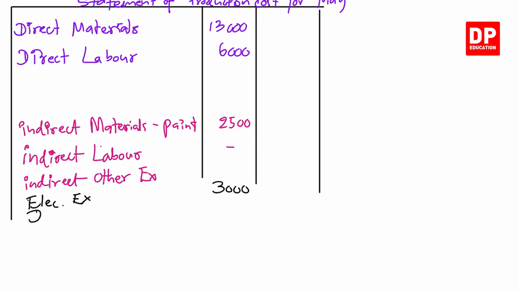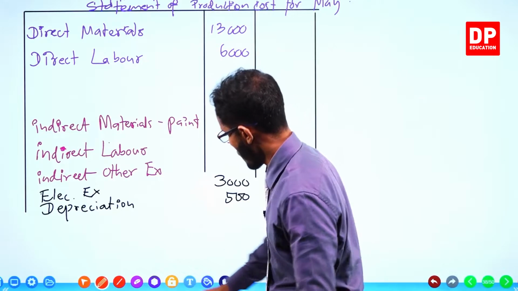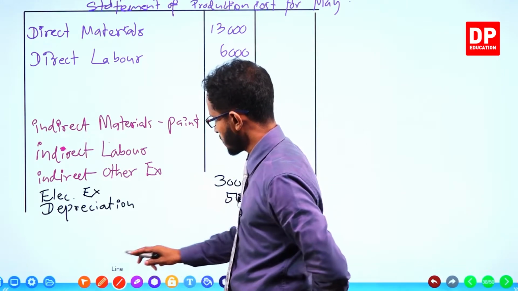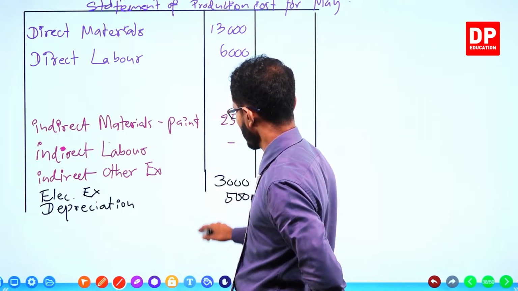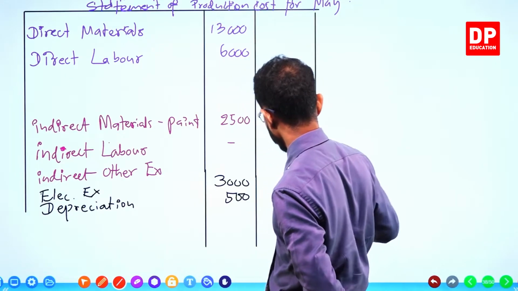Then under that, depreciation $500. Extend the lines a little bit. Yeah. Okay.